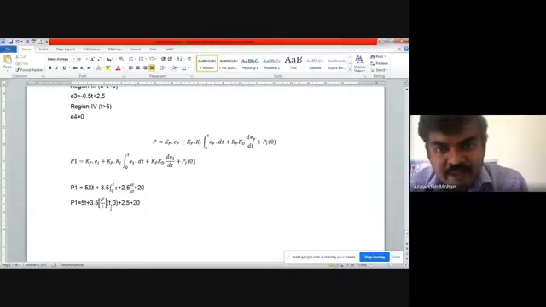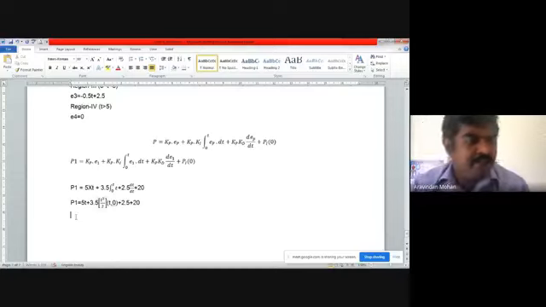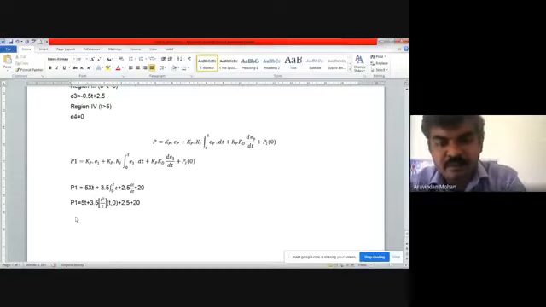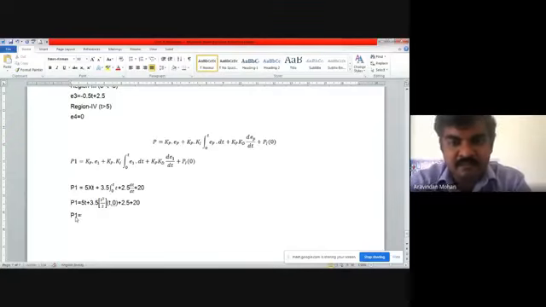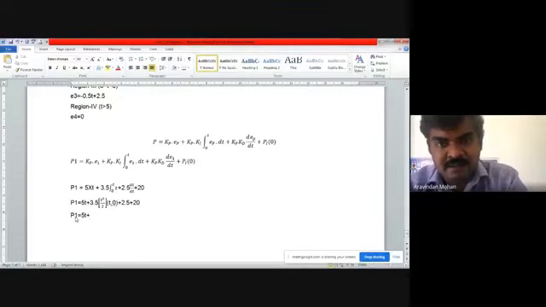If you substitute t and 0, this equation becomes P1 is equal to 5t plus 3.5 t square by 2 minus, if you substitute 0 instead of t, the term becomes 0.